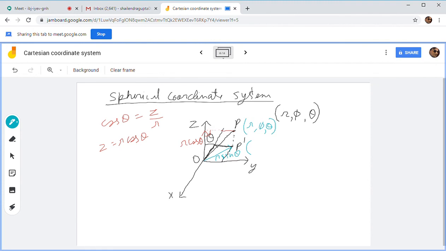And then what is this angle? This angle is phi.